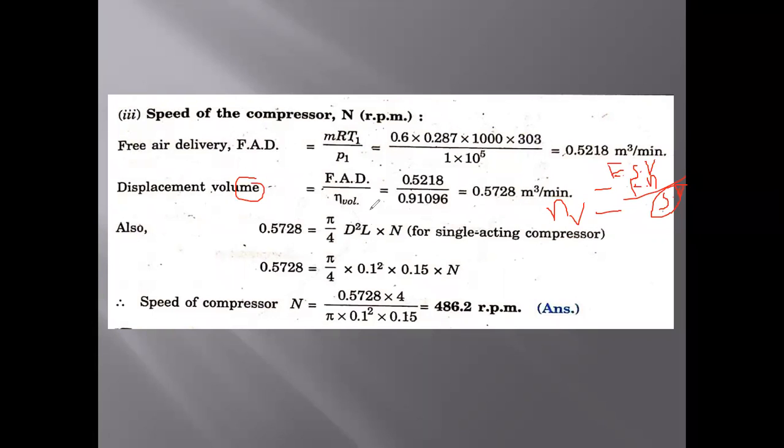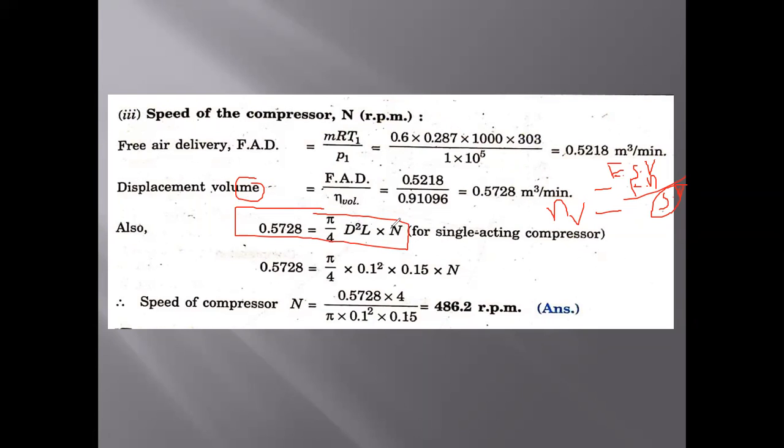So we already know the volumetric efficiency, and he asked us to find the speed of the compressor. Where can we write the speed of the compressor? From the displacement volume we can achieve that. In one of the previous problems also we discussed this, right? By knowing this displacement volume, we can find it with the help of this formula. Displacement volume is pi by 4 d square L into n.